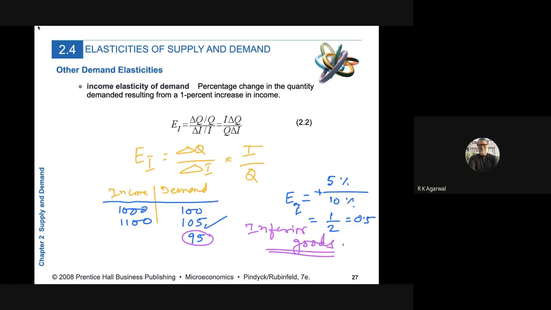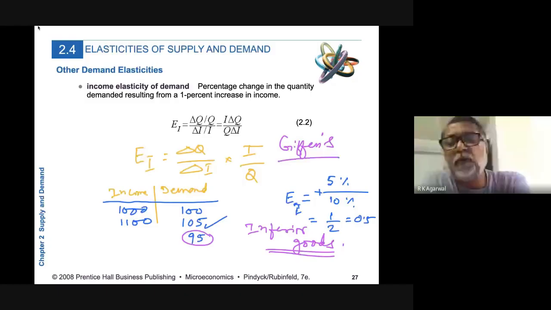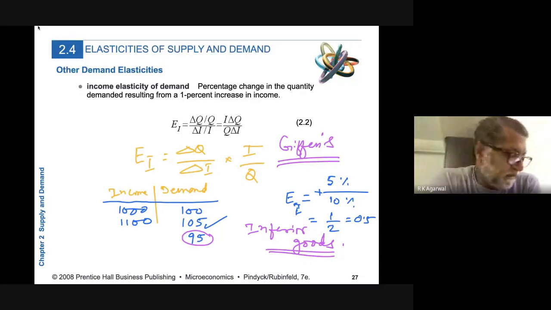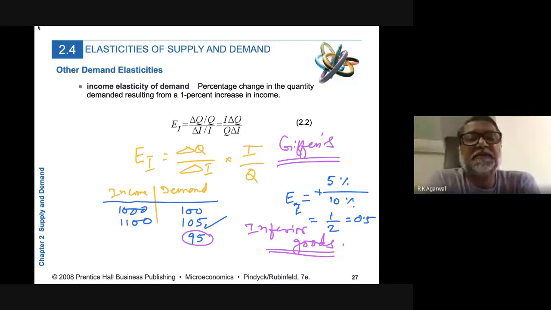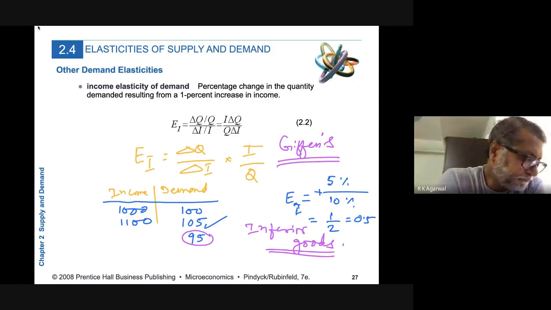There is also something called Giffen goods. I will not discuss it right now because it is not required, but in due course we will discuss Giffen goods. In the meantime, you can also look up what Giffen goods are in terms of elasticity. So basically what we are saying is that this is demand elasticity with respect to price, and this is income elasticity of demand.